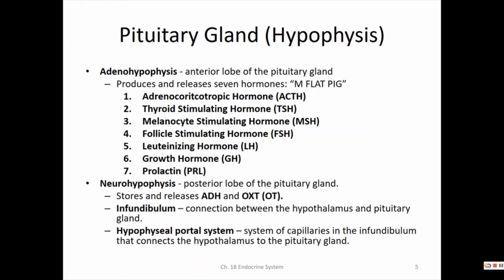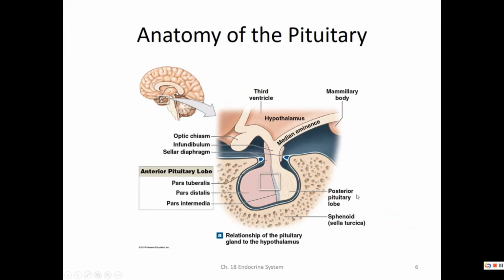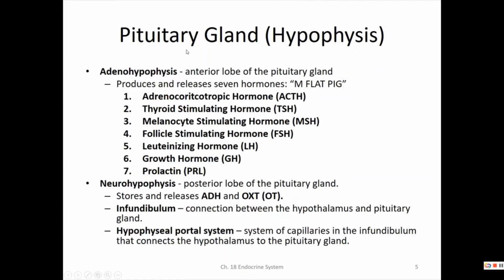Okay. So as you can see, there is an anterior lobe of the pituitary, and it has different parts, but we're not going to worry about that. But what we have is referred to, guys, as the anterior lobe or the adenohypophysis. Easy to remember. A for adenohypophysis, A for anterior lobe.